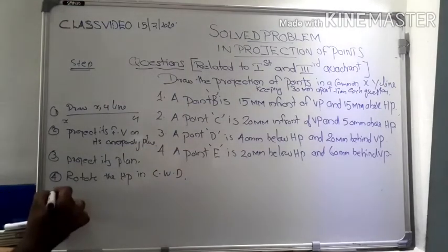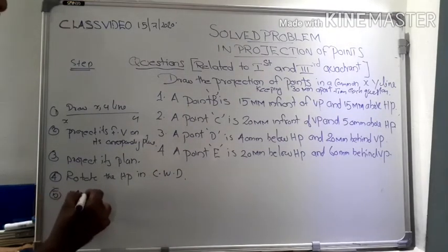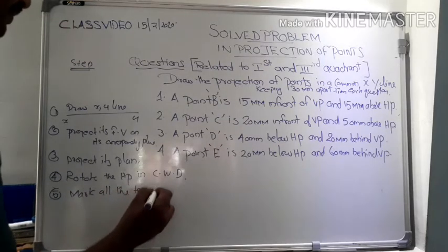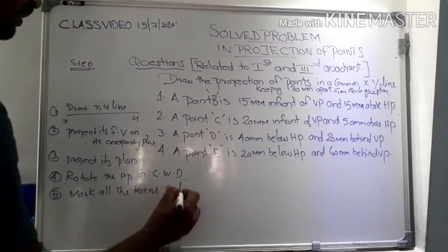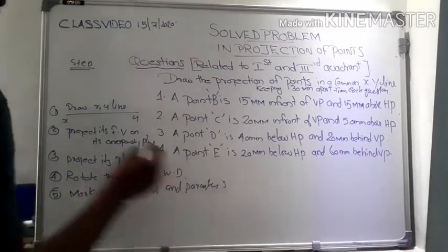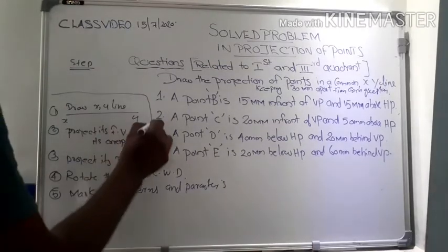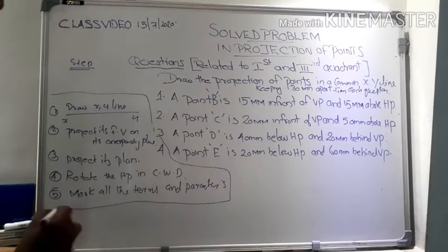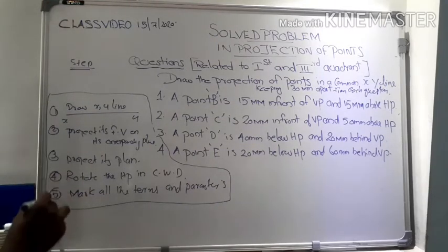And the fifth one is mark all the terms and parameters. These are our steps while we are answering a projection of points.